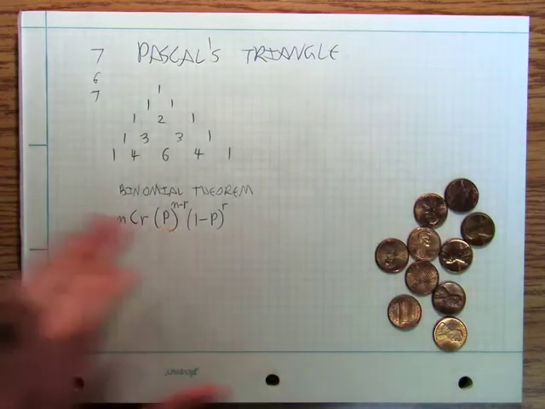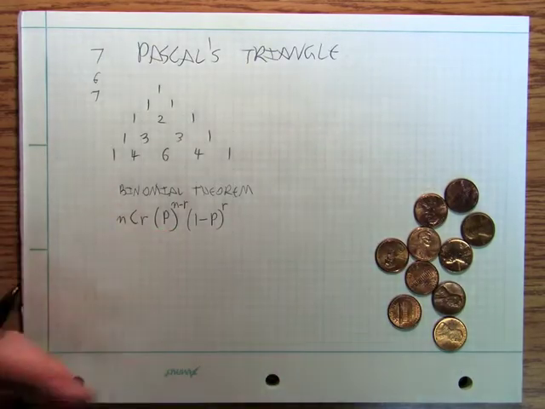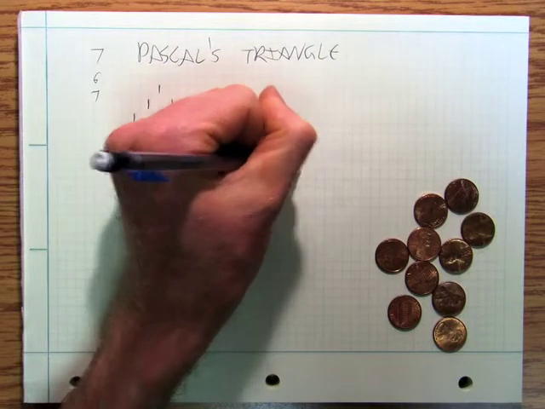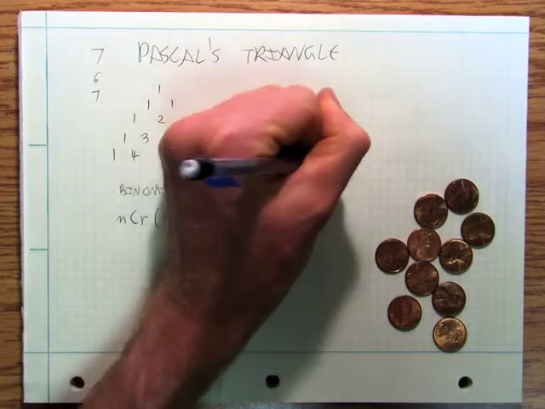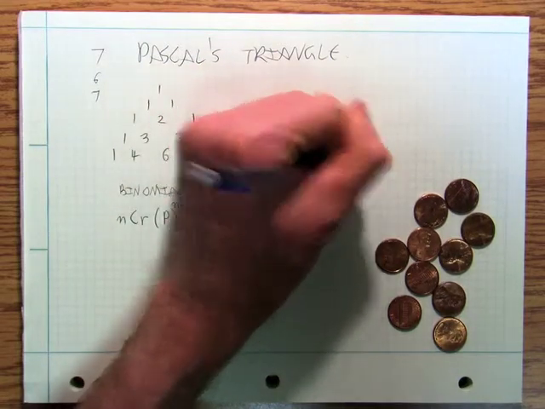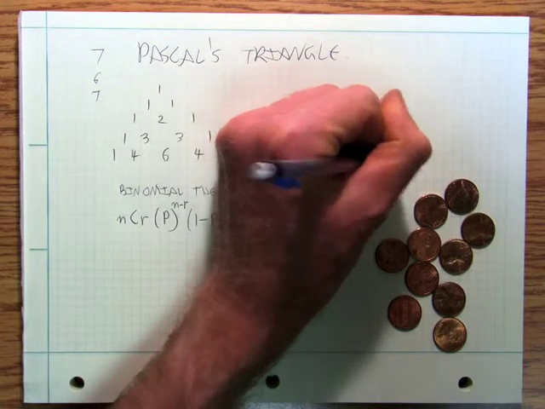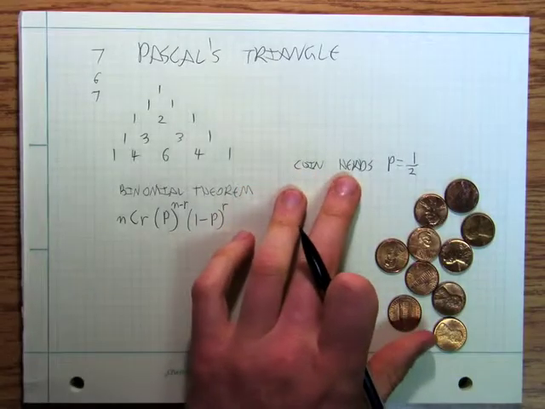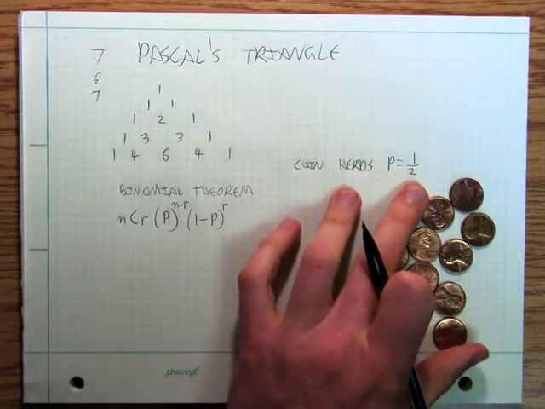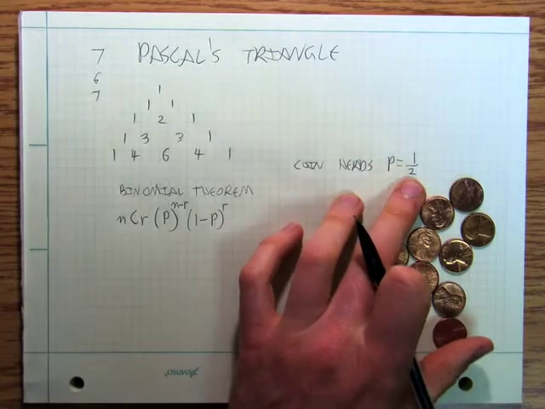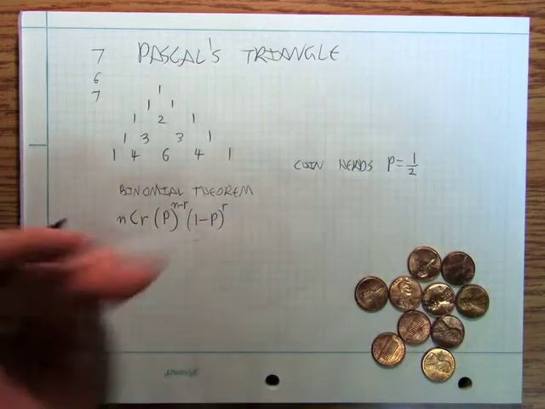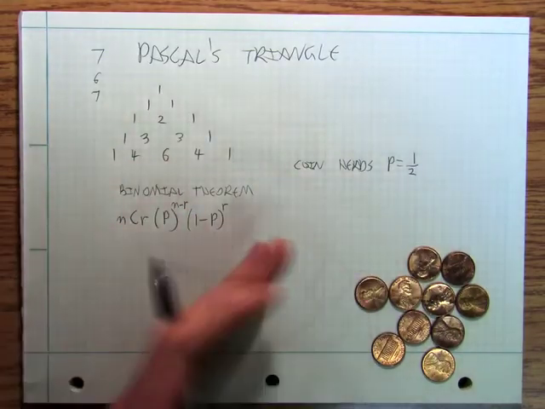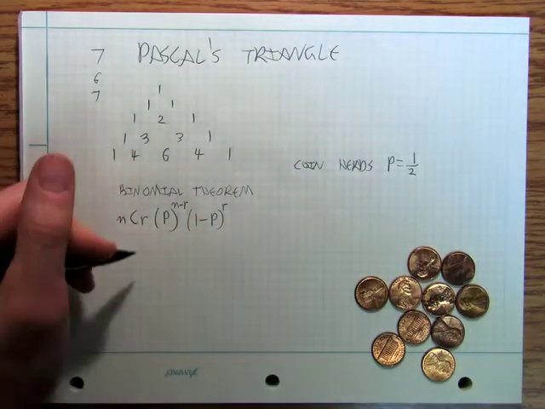So I've got a coin. For a coin, the heads probability is 1/2. The probability of getting heads is 1/2, and so the probability of not getting heads is symmetrical. I'm starting this easy.